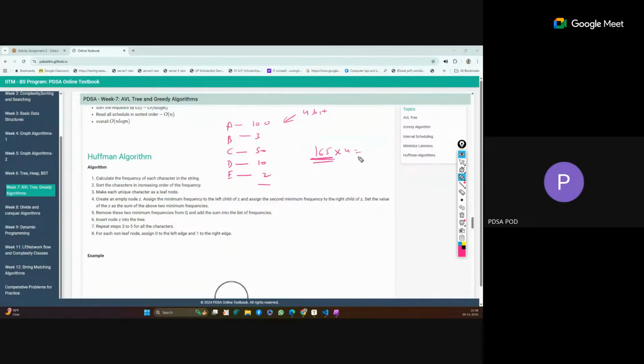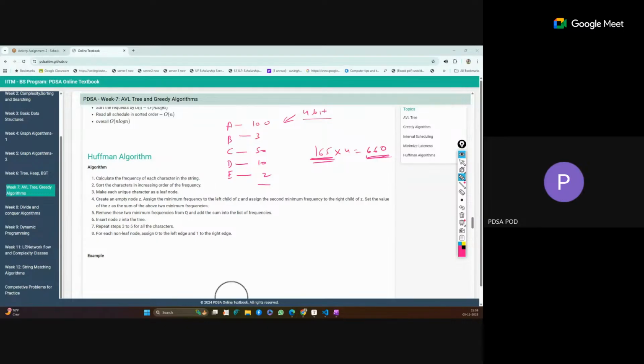So 660 bits are required if you follow this. But how can we reduce these bits, because the network bandwidth is limited? We want to reduce the number of bits to transfer the message, so that it takes less time to transfer.